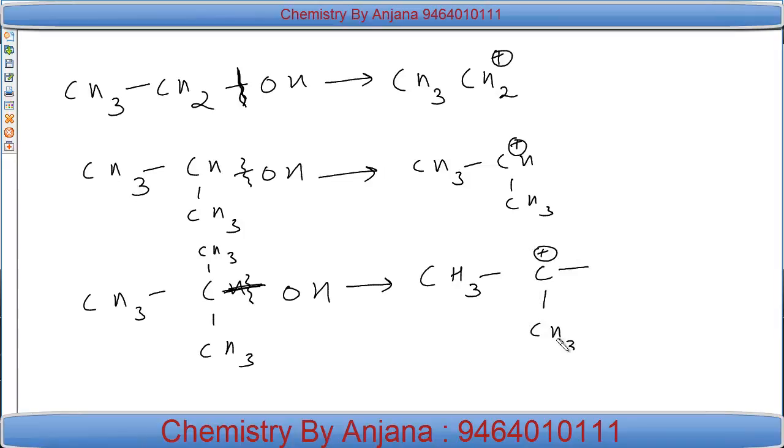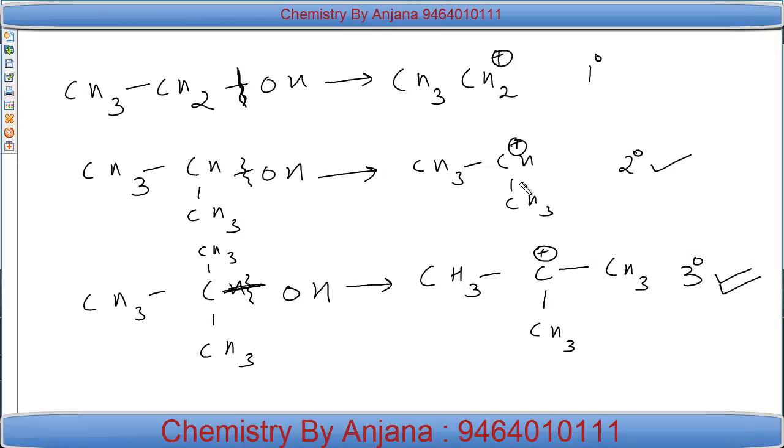If we compare the stability of these three carbocations, due to the inductive effect of alkyl groups attached to the carbon carrying positive charge, we see that the tertiary carbocation is most stable, then the secondary carbocation, and least stable is the primary carbocation. So in case of a tertiary alcohol, this step goes with much ease, as it is resulting in a very stable intermediate, and that is the tertiary carbocation.